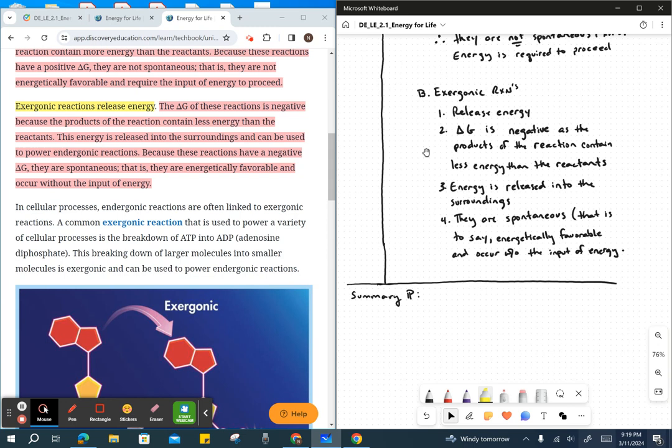The delta G, the change in Gibbs free energy, is negative, as the products of the reaction contain less energy than the reactants. Energy is released into the surroundings. You can use that energy to do work, right? They are spontaneous, that is to say, energetically favorable, and they occur without the input of energy.